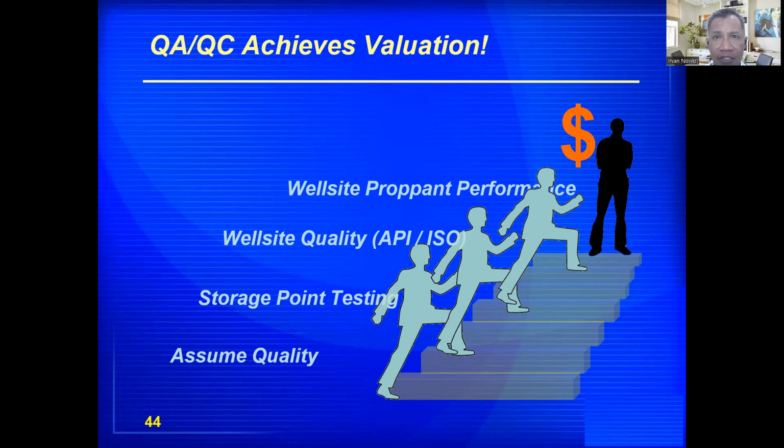Once that proppant goes down the hole, you don't get another chance, and that's what makes fracturing so critical. When it comes to quality assurance and quality control, you get one shot at this, and if you don't get it right, you've got a huge investment on the line.